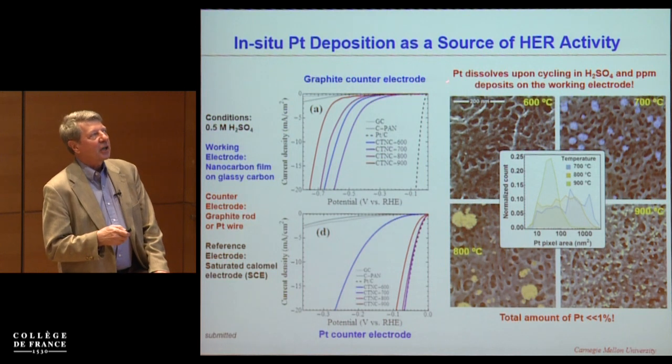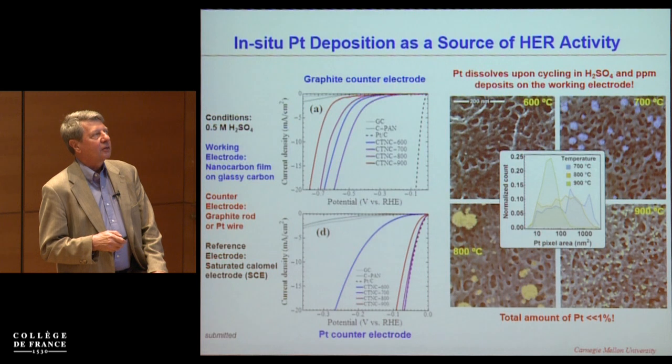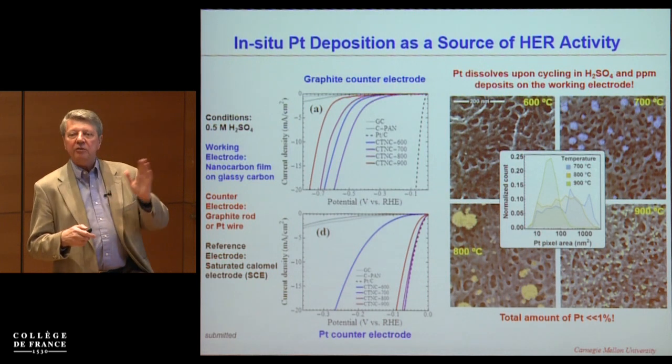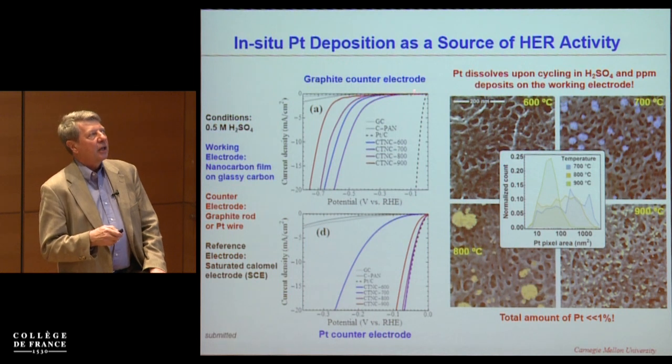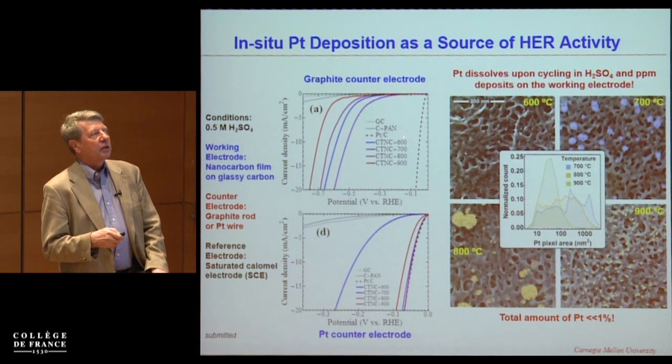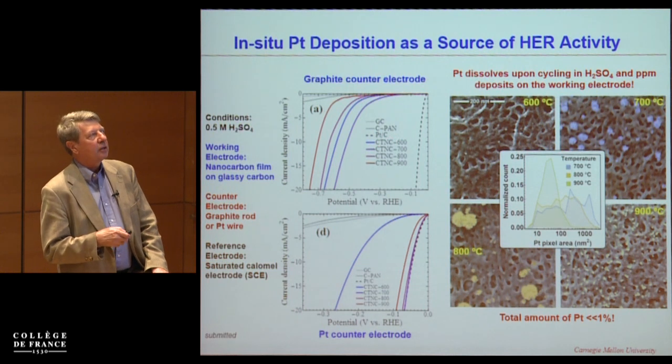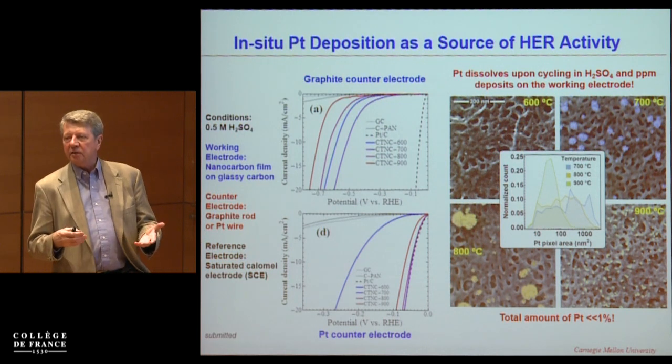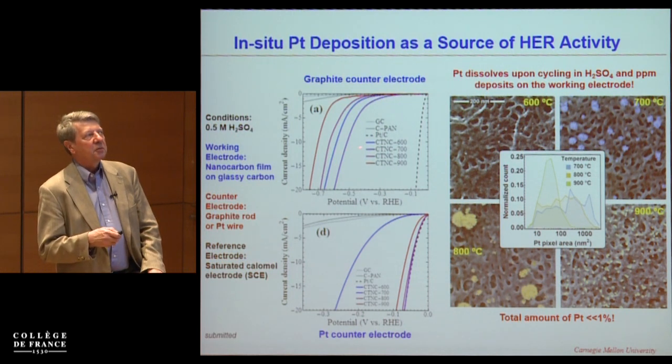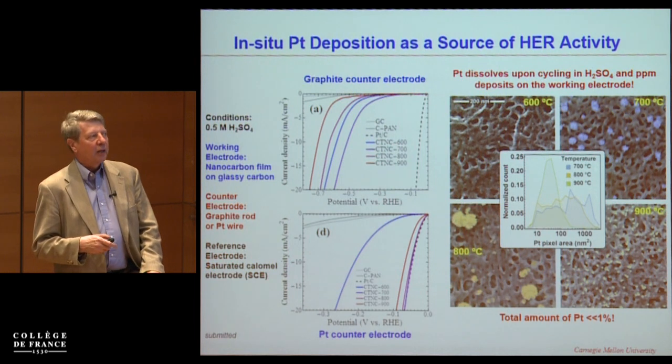So if you look here, what happens with a classical platinum electrode, if you deposit that, or your counter electrode is glassy carbon, if I have glassy carbon in the presence of these copolymer templated nanocarbons, this is 600, 700, 800. They are much better, of course, than glassy carbon, but still not matching the platinum.